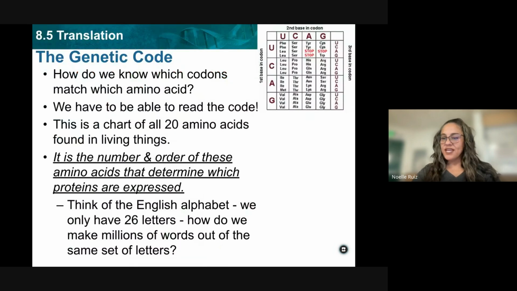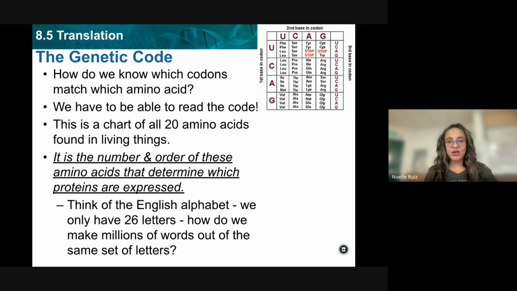All right, the genetic code. You guys don't have this picture, but there's plenty of pictures out there like this. We'll get to it. So how do we know which codons match with which amino acid? We have to be able to read the code. The genetic code is a chart, that chart right there on the top right, of all 20 amino acids found in living things.